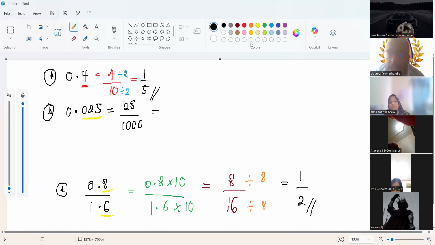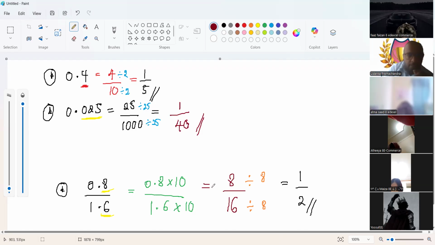Now you can divide both by 25. 25 divided by 25 is 1, and 1000 divided by 25 is 40. So it's 1 over 40. Clear? It's 1/40.